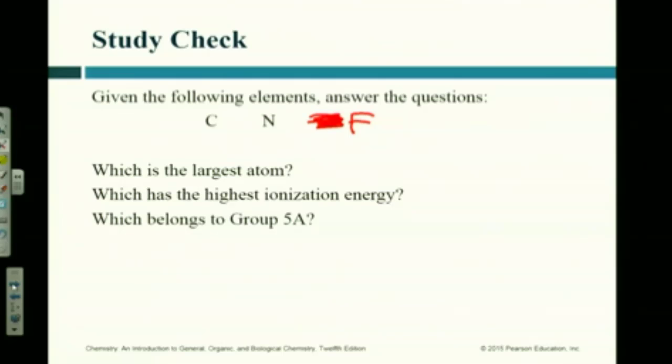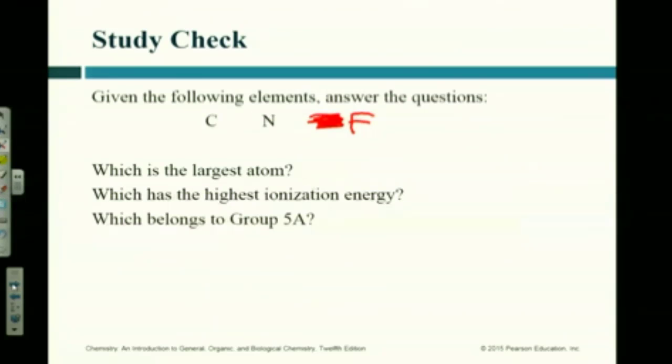Who's the largest atom over here? Come on, choose. Help me out. Carbon. Why carbon? That's the least amount of protons pulling in the electrons. They're all in the same row, right? They're all in period 2.